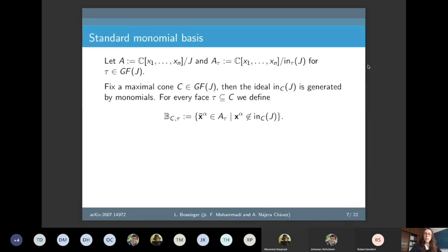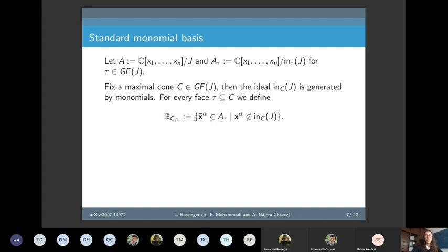We consider the initial ideal with respect to this maximal cone, which is generated by monomials. And we define the set B_C to be the set of cosets of monomials that are not contained in my initial ideal. So A tau here is the quotient by the initial ideal of tau.